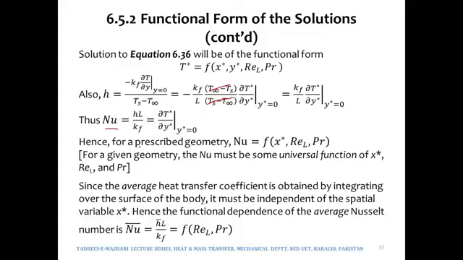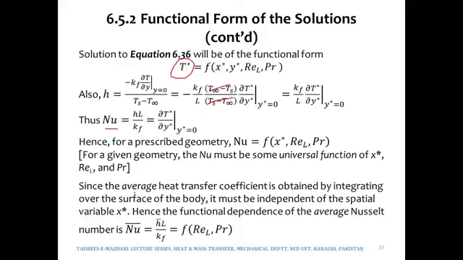Hence for a prescribed geometry, the Nusselt number is dT star by dY star. Now what would dT star by dY star be? It will not have Y star in the functional form. Everything would be there except Y star, so we would have X star, Reynolds number and Prandtl number. It means that the Nusselt number would be a function of X star, Reynolds number and Prandtl number for a prescribed geometry.